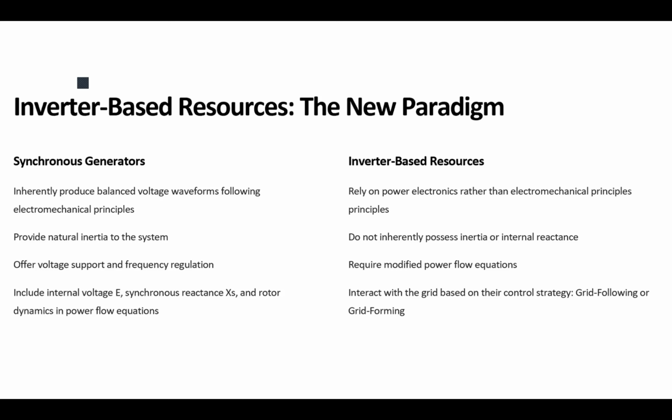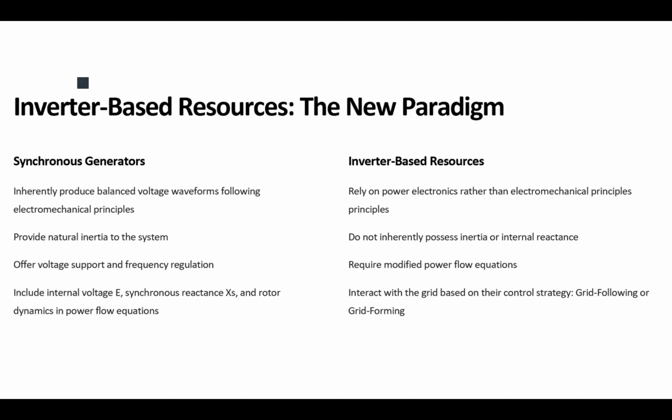The control system, that PID control or the droop control that we had in GFL or GFM, grid following and grid forming, those control systems are the ones that decide how much power we are injecting, or how much reactive power we are injecting or consuming.